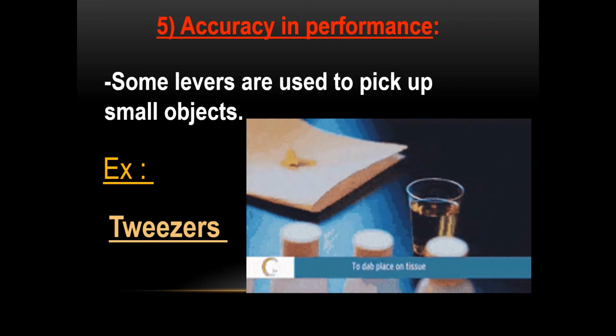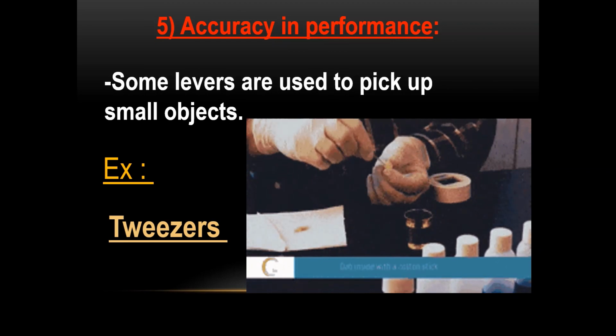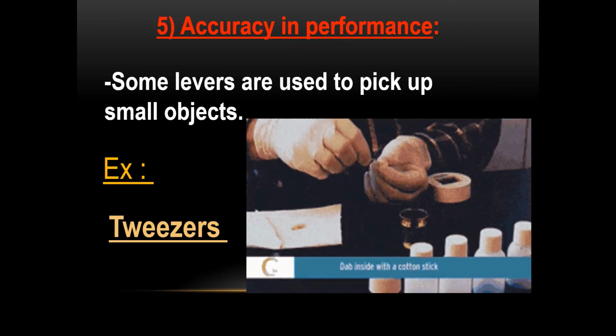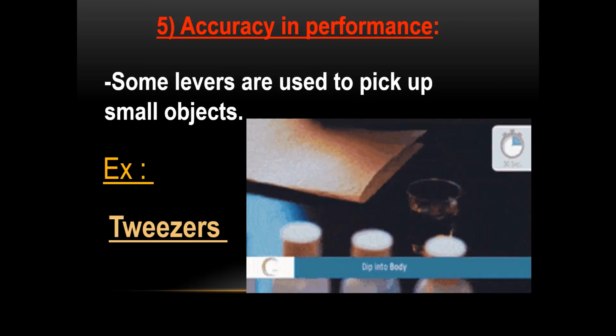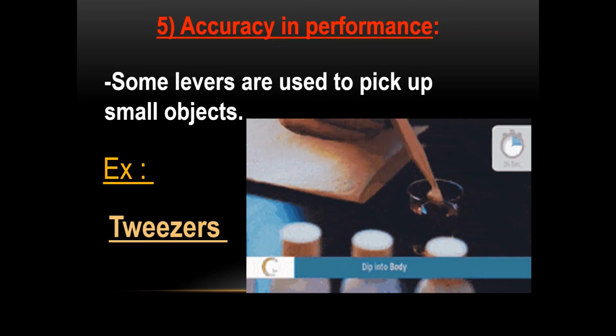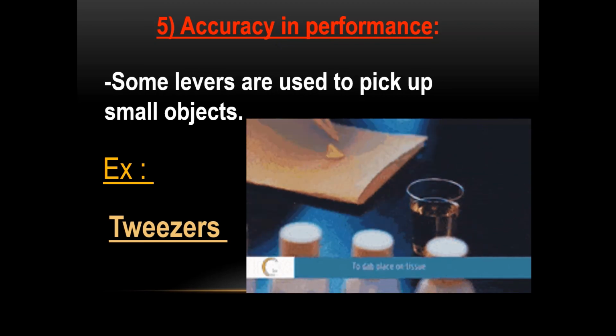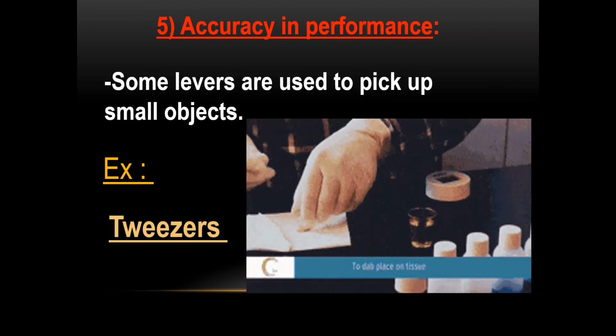Okay, if I ask you, give reason for: tweezers is one of the examples of accuracy in performance. The answer? Because tweezers help us to pick up very, very small objects.